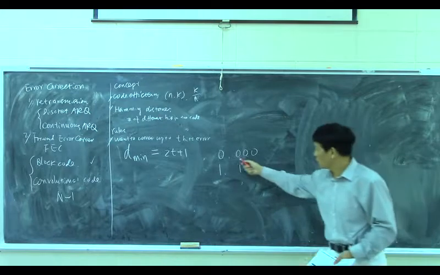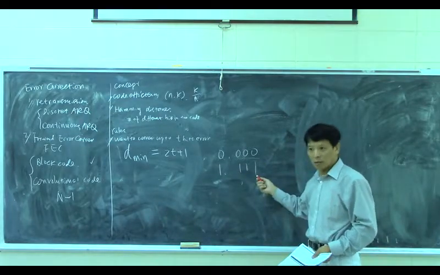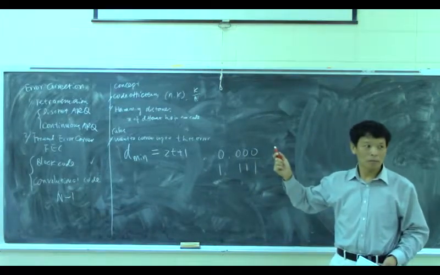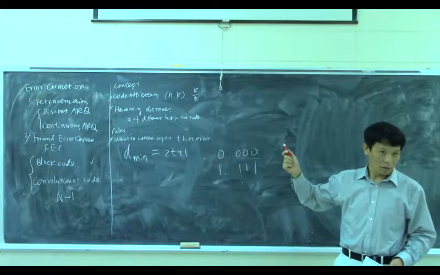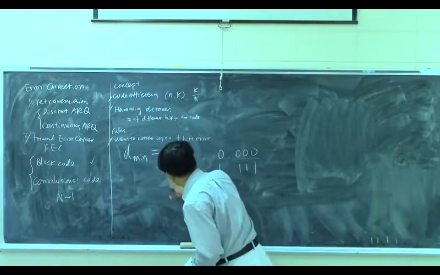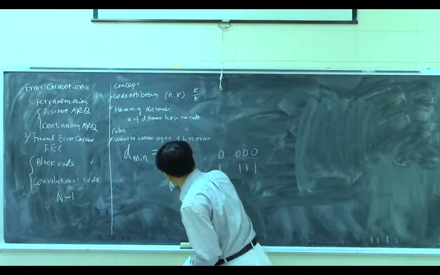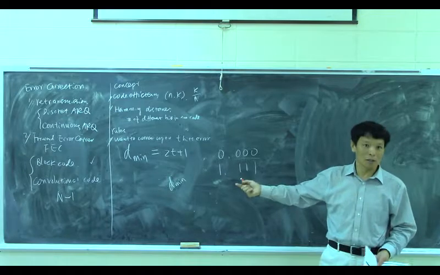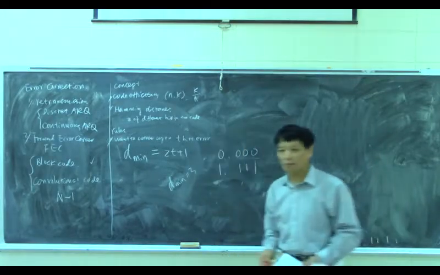What's the distance between this code? This is the data, this is the code. What's the distance between these two codes? 3, right? Because we have only 2 codes, the minimum is itself. So that equals 3.